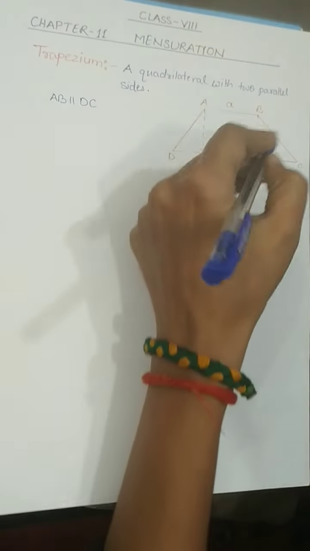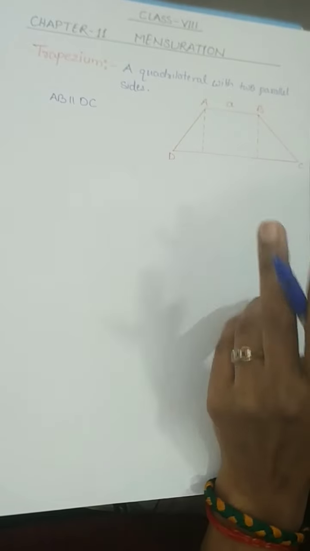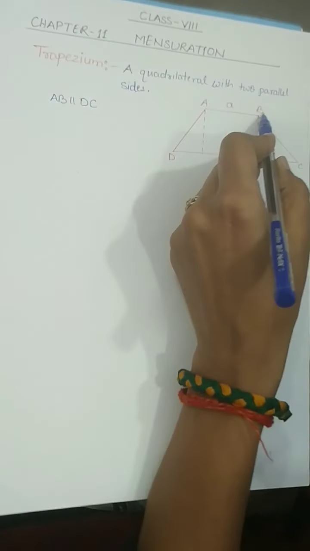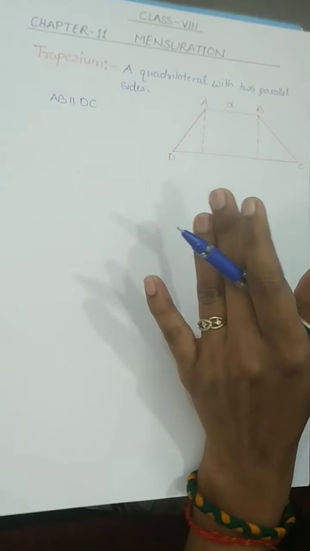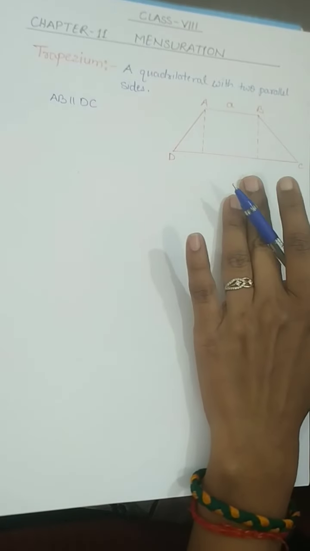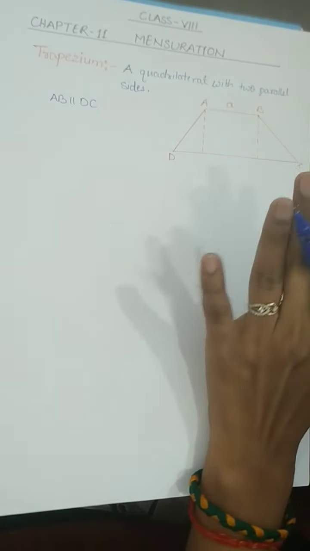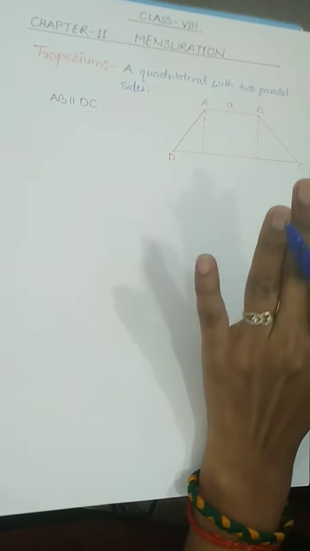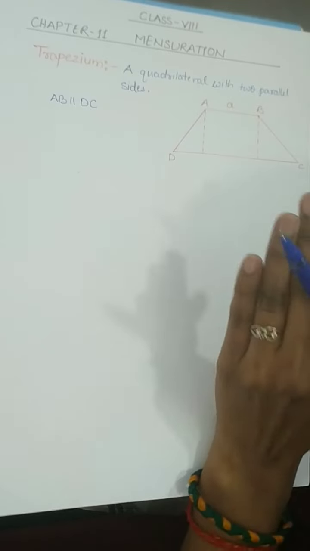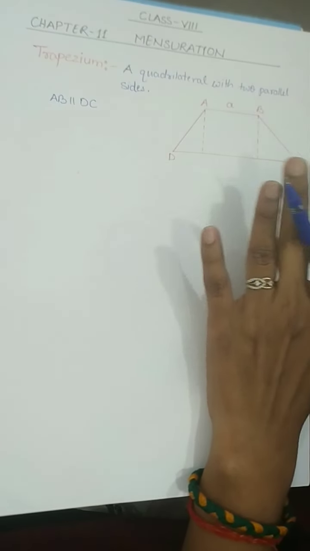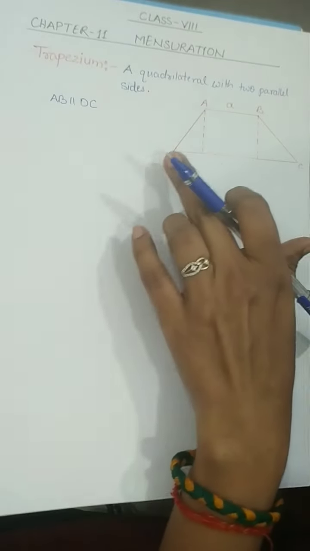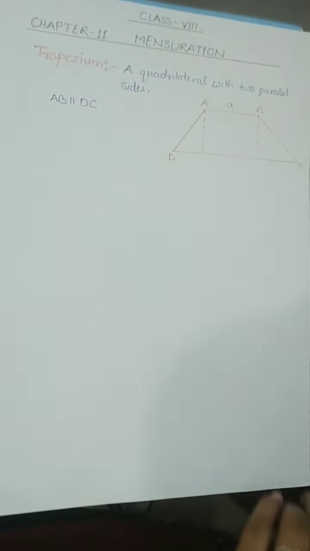In this trapezium, if AD is equal to BC, then we can call it an isosceles trapezium. Otherwise this is a simple trapezium. The only thing is that a trapezium is a quadrilateral with one pair of parallel sides, and here for trapezium ABCD, AB is parallel to DC.